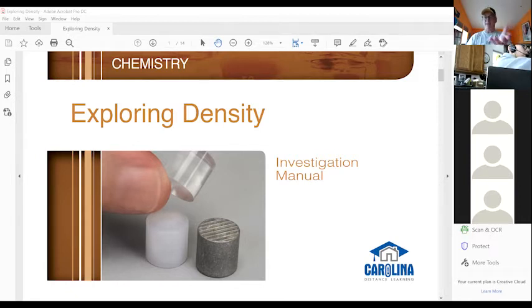And as we'll find out today, if we create a solution with different amounts of sucrose in it, the density changes in a very specific way. And that density helps us identify that substance as 0%, 10%, 20%, 30%, whatever the percentage is, it'll have a specific density. Anything else?